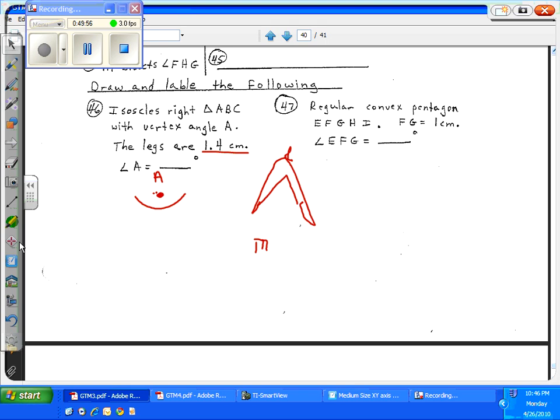And then I would pick any 2 points on that arc and connect, and I would have an isosceles triangle whose legs are 1.4 with a vertex angle of A and the other two sides at B and C. See how we would do that? Okay.